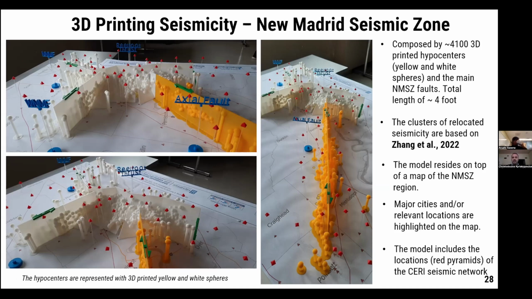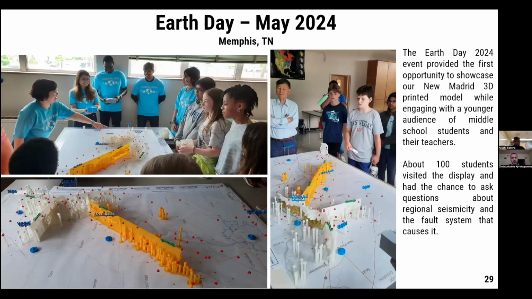So I downloaded the data, which were available through the JGR paper, and I put it together with a fault system that I was already using for a set of dynamic rupture simulations. That was the first opportunity we had to use it, Earth Day in May 2024.